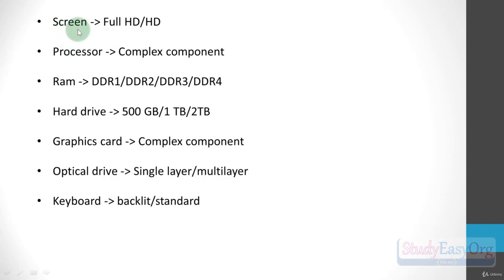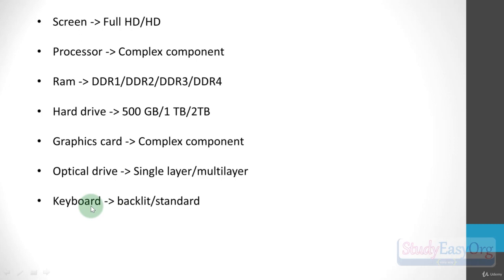The value of these components, like screen, could be full HD or HD. We can easily make use of a string entity in order to store this information. Likewise, the value of RAM could be like DDR1, DDR2, DDR3 or DDR4. Likewise, hard drive, optical drive and keyboard can be denoted by a variable.